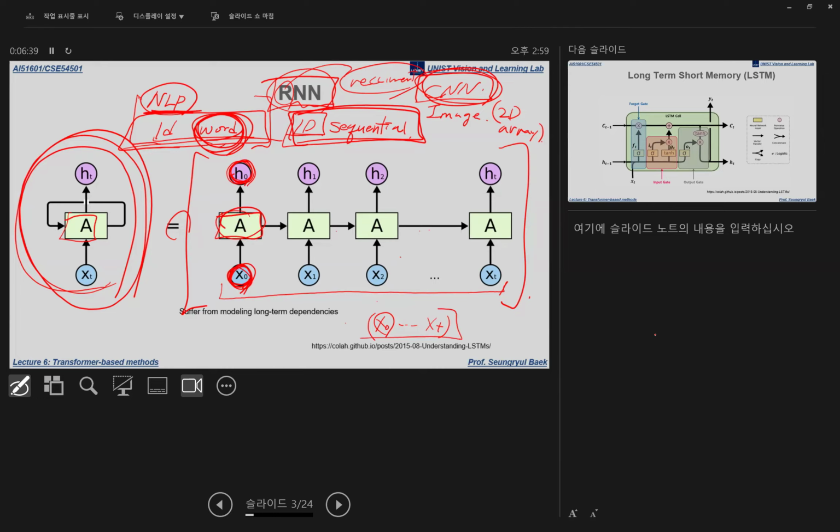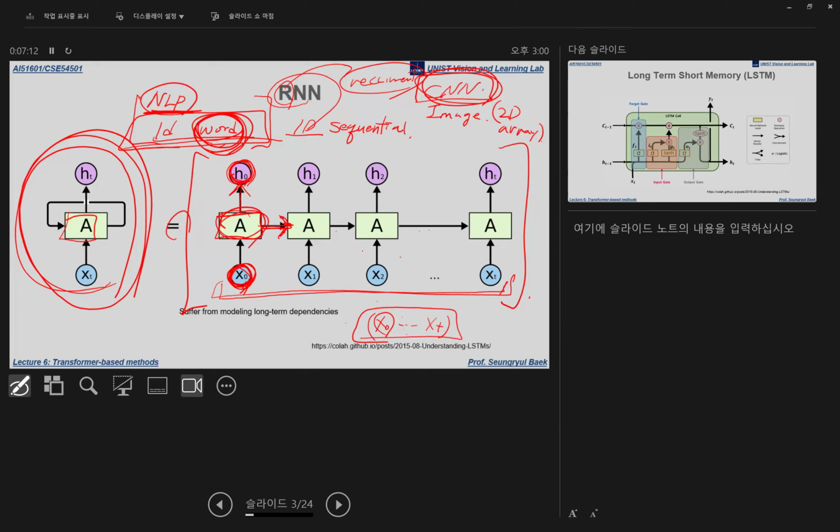These inputs are not independent. The elements of this sequential data are not independent of each other, so they are sharing some context together. And in RNN, they are modeling this type of contextual information by transmitting some of the information contained when processing the previous input's output.